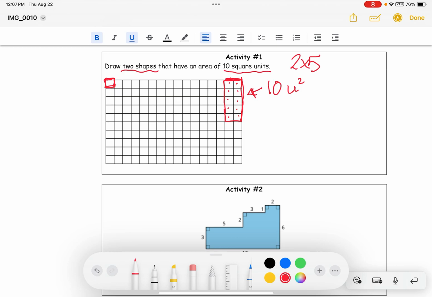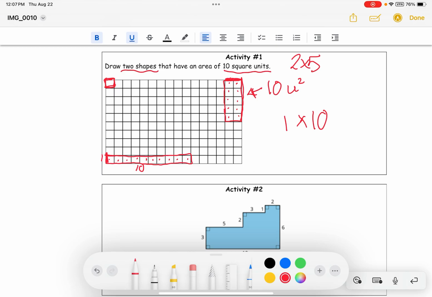Another one you could do is, for example, 1 times 10 equals 10. So I'm going to count 10 squares: 1, 2, 3, 4, 5, 6, 7, 8, 9, 10. I could do a really long rectangle that is 1 by 10. I know that's 10 square units, but there's a lot of different ways you can do it. And it doesn't have to be a rectangle.